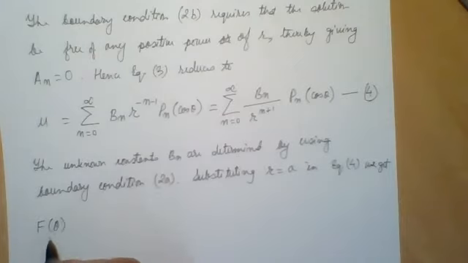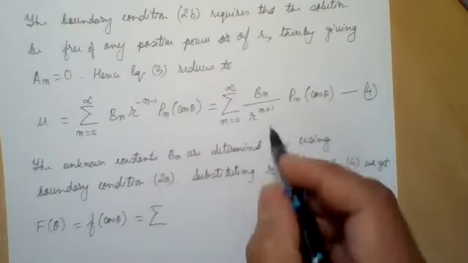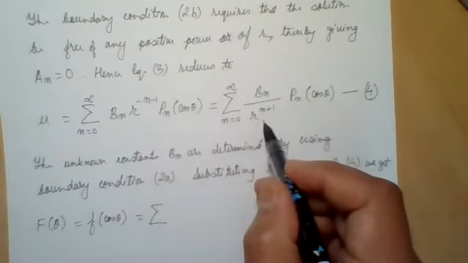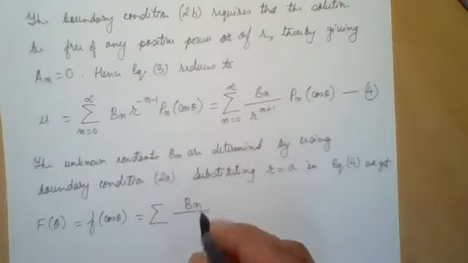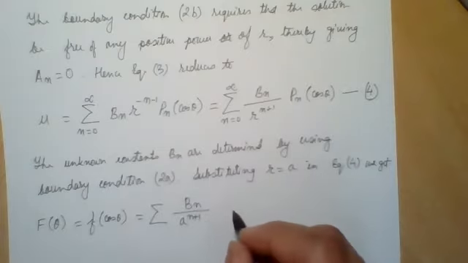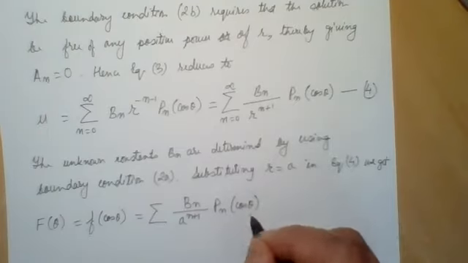This is the value of U at R equal to A. We can call it some function of cos theta. This is equal to summation, we put R equal to A here, summation Bn by A to the power n plus 1, Pn cos theta.